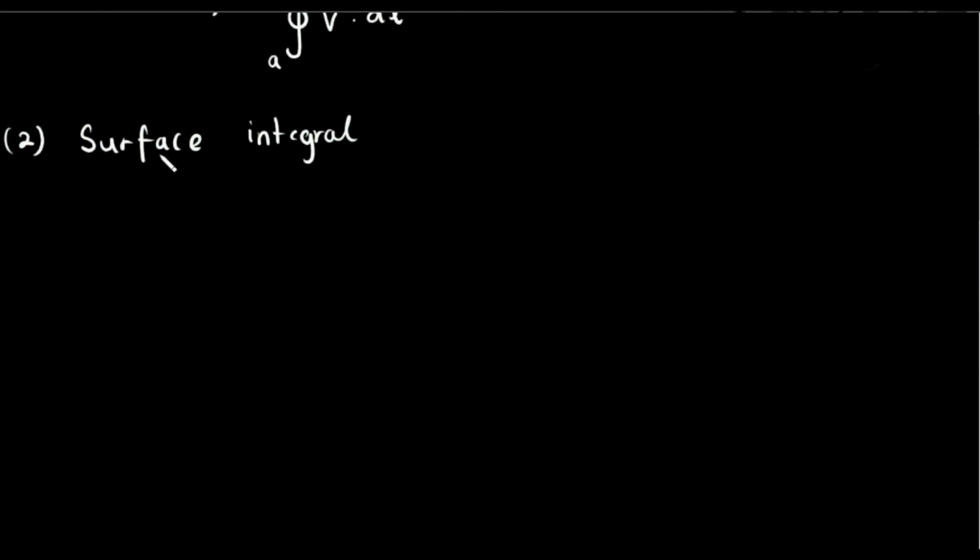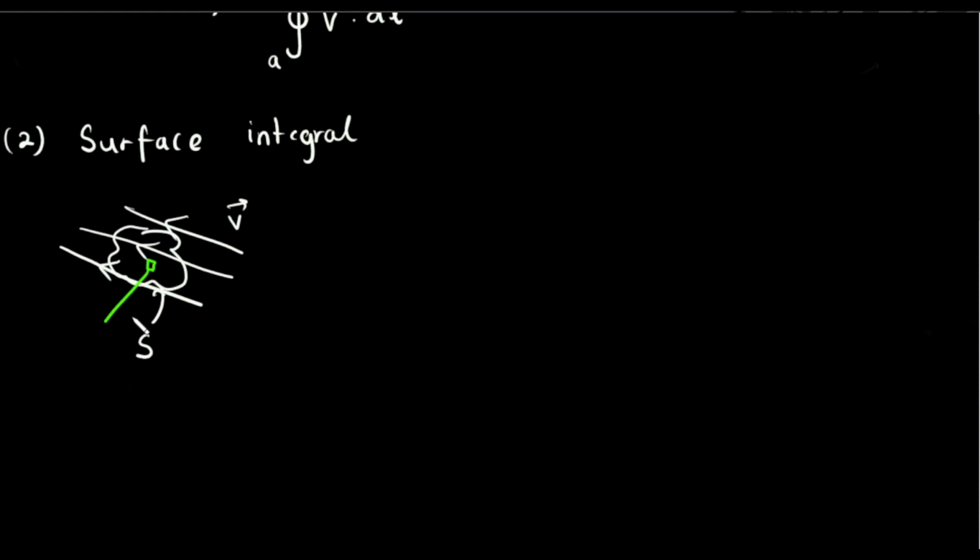Okay, now second we are going to look at the surface integral. In order to look at the surface integral, I'm going to draw a surface over the vector field. So this is my vector field v, and I'm going to consider a surface S here. I'm going to draw a small patch of area vector.